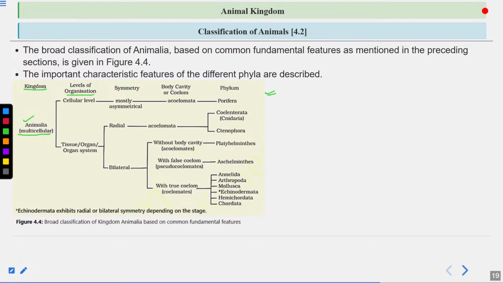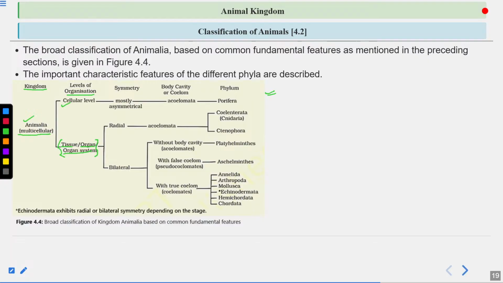Level of organization: we have the cellular level, Porifera, then the tissue level, and the organ system level. All the advanced ones we keep together, but the cellular level we keep aside.